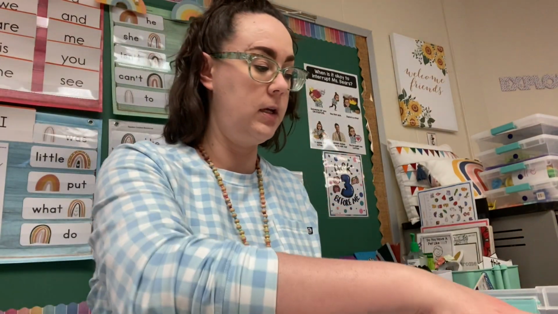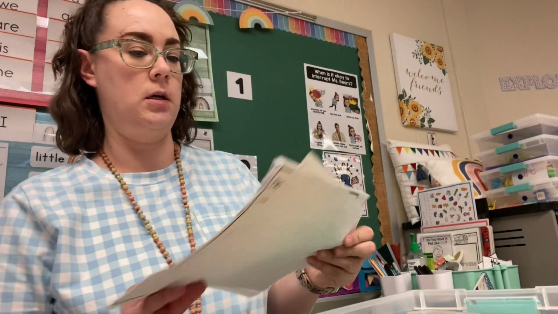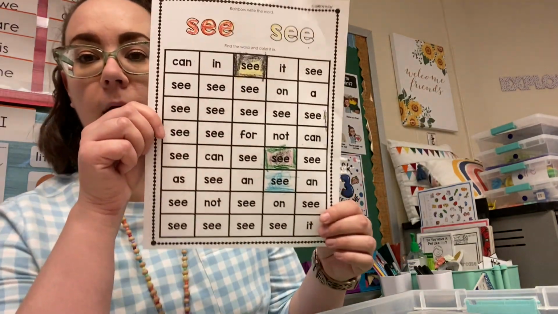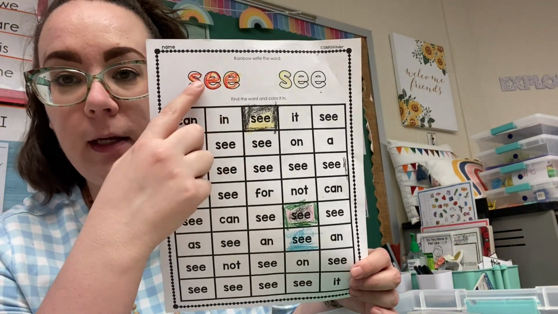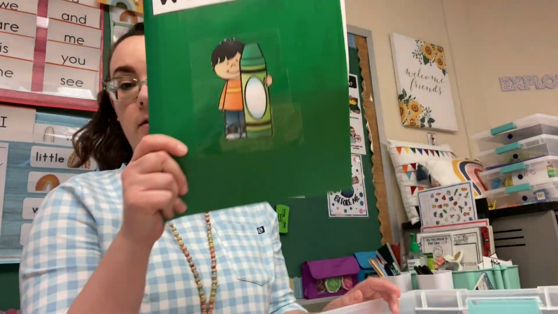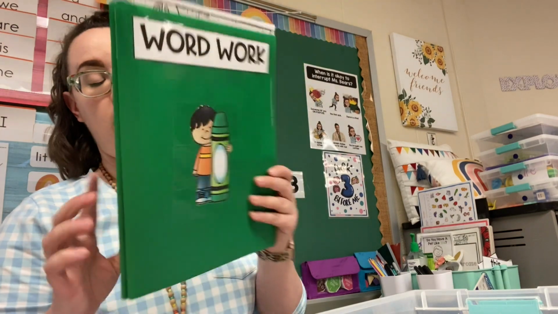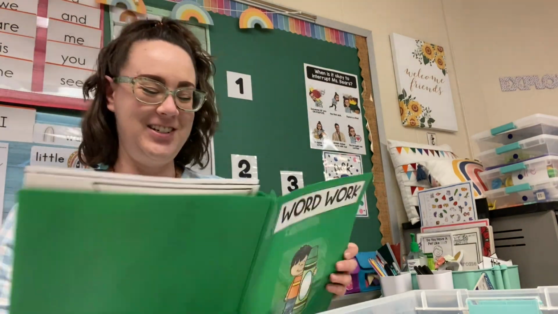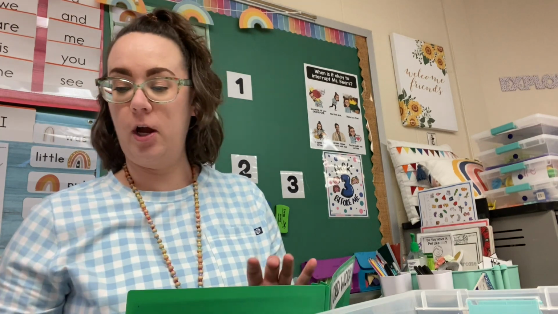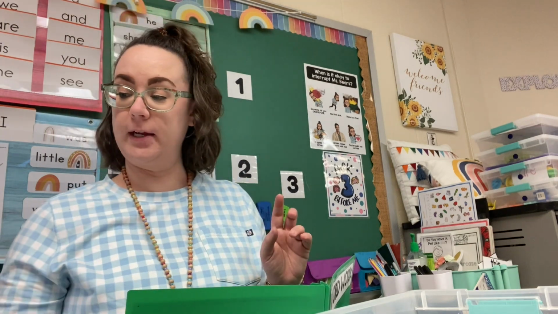The next activity is just different sight word activities. So some of these my students have started, but so rainbow writing the word, finding the word, and I keep these in a folder. It is color coded to the group. So this is just something that they can work on if they would like to do that.